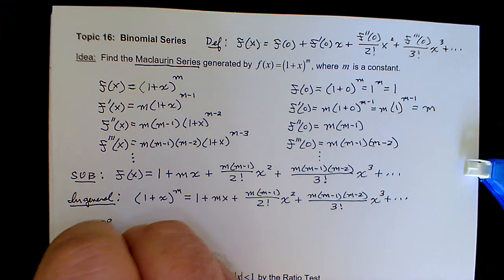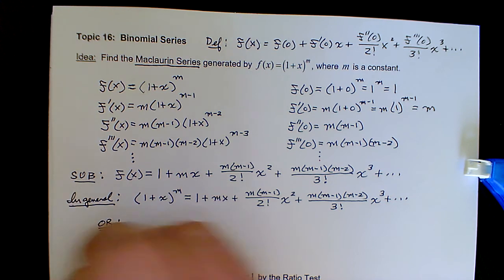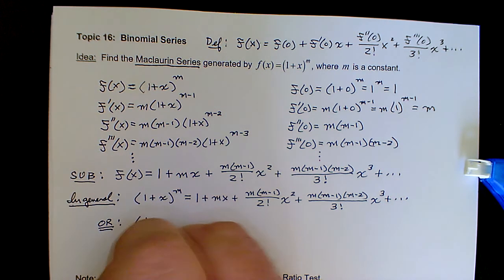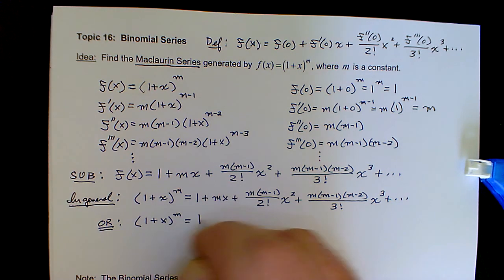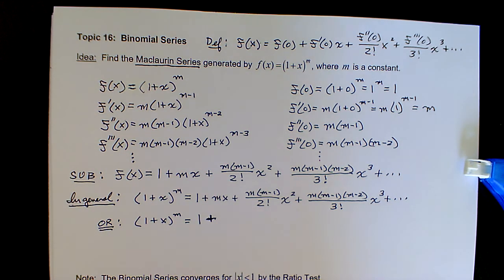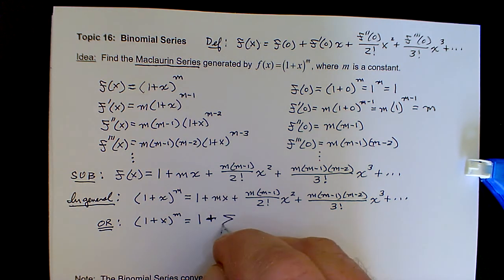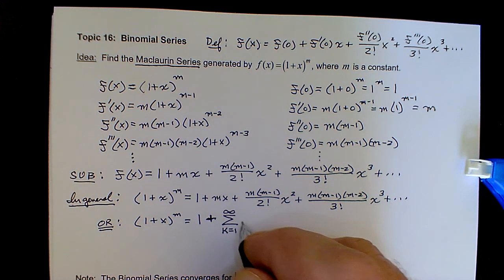Or there's another way to express this, as an infinite sum. 1 plus x to the mth is going to be 1 plus, we separate the 1 for a reason, the sum as k goes from 1 to infinity of, and then here's a notation that might be new to you.